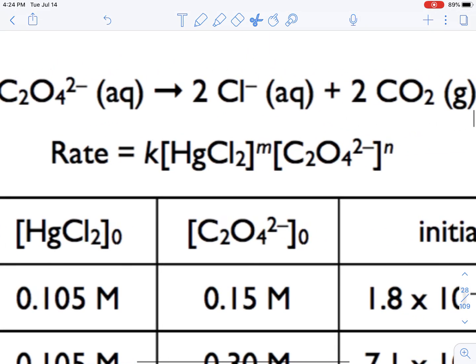So what we're doing essentially is using this statement, and all we're saying is that this initial rate is either for trial 1, or for trial 2, or for trial 3.